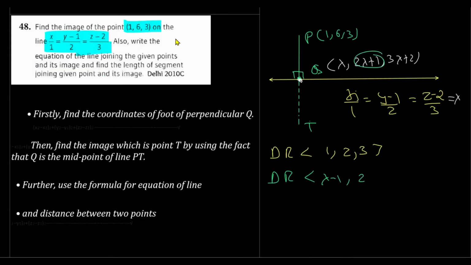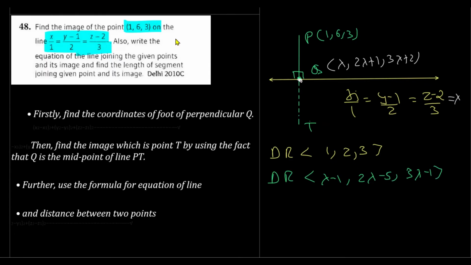Then y2 minus y1 gives 2 lambda minus 5, since 1 minus 6 is minus 5. And z2 minus z1 is 3 lambda plus 2 minus 3, which gives you 3 lambda minus 1.